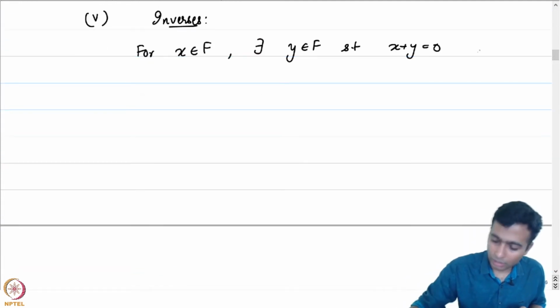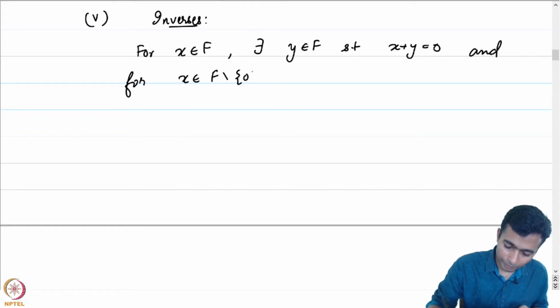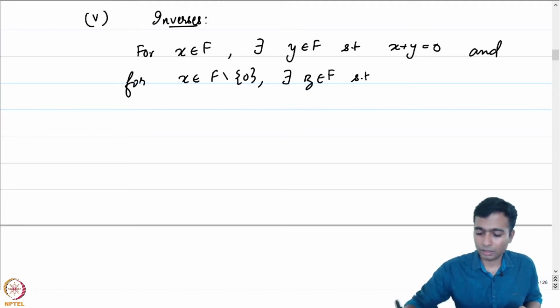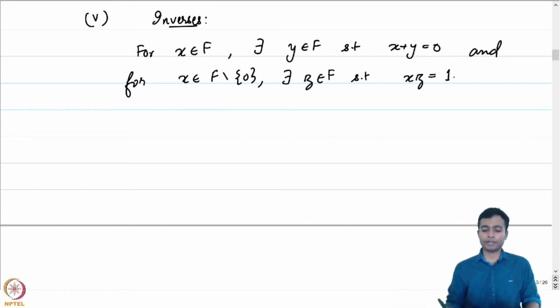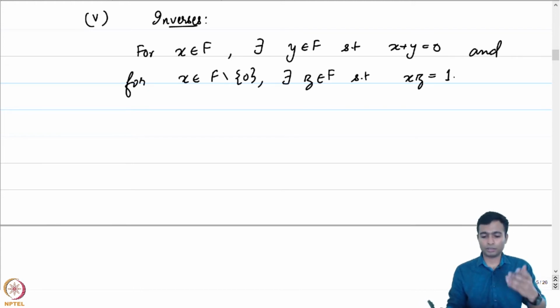And for x in F minus 0, there exists a z in F such that x times z is equal to the multiplicative identity. So the multiplicative inverse exists only for non-zero elements in the field F.